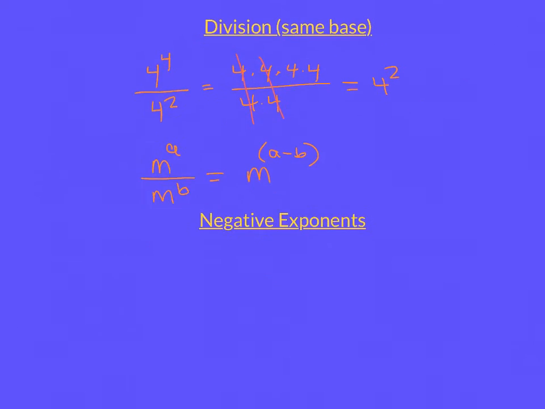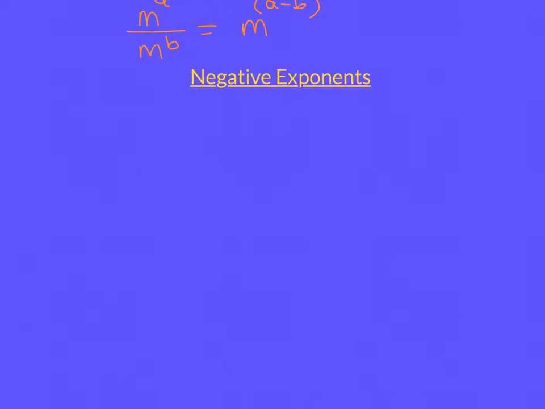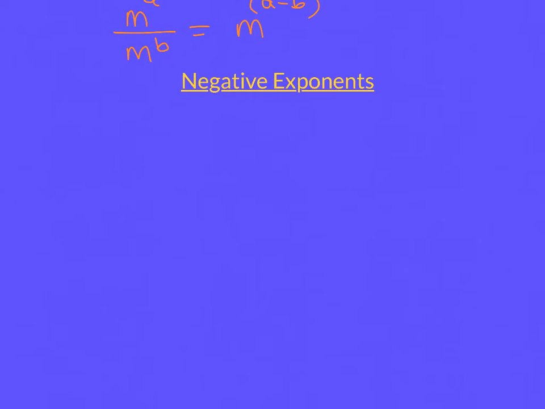All right, so the real focus of this video is to talk about negative exponents. So if we take a quotient example, kind of similar to what we did above, I'll just make a problem up here. 5 cubed over 5 to the 5th power. If we write that out, we have 3 5's on the top, and we have 5 5's on the bottom.